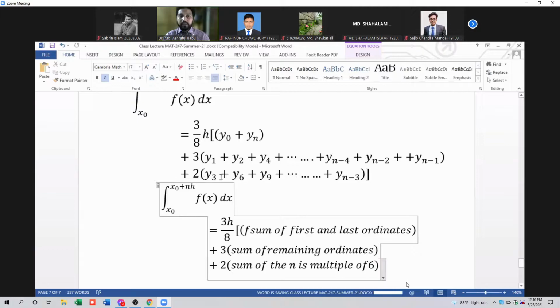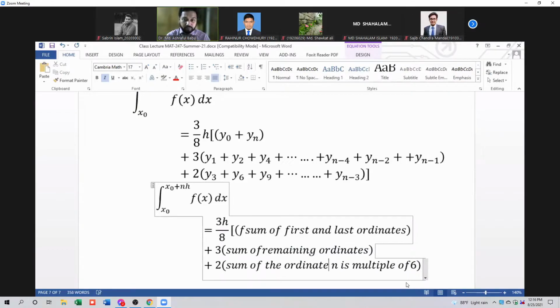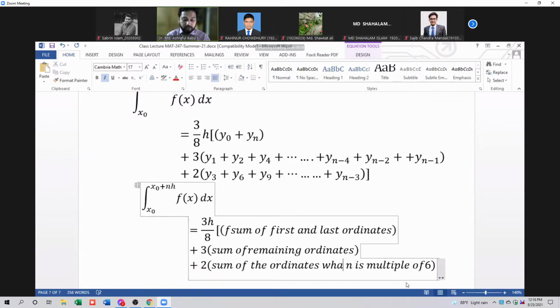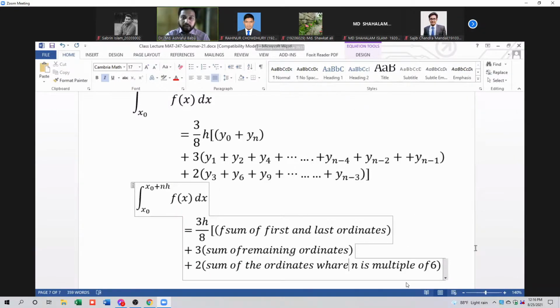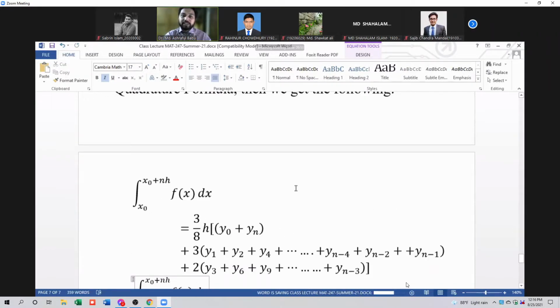You understand? And now I told you that the sum of the coordinates where n is a multiple of 3. So don't be confused with this term.